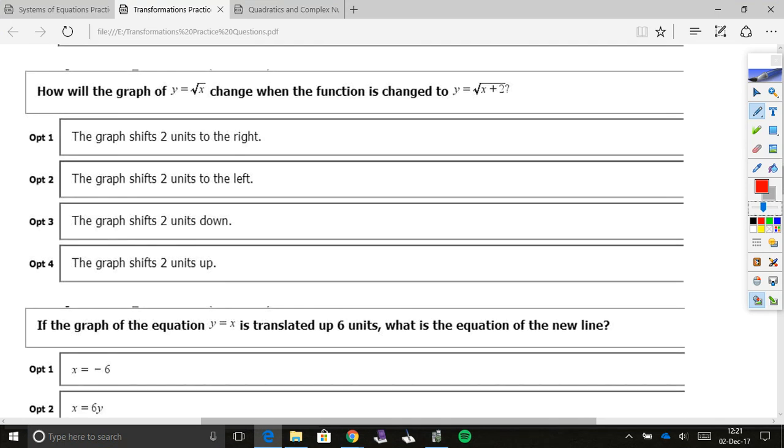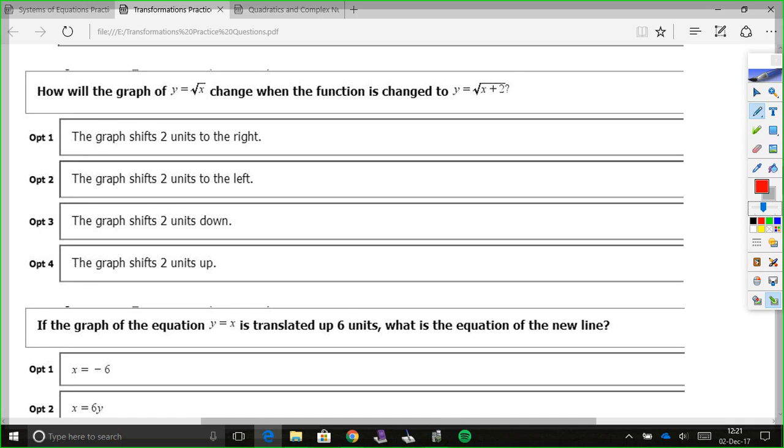All right, almost exactly the same question again. We have the square root of x, and it's changed to the square root of x plus 2. It's very important that you realize here, though, that this 2 is inside the radical sign, just like the previous questions were inside parentheses. The fact that this 2 is inside the radical sign means it's inside the function. It's based off of this type of shift again, one of those horizontal shifts. Okay, it's moving left or right.